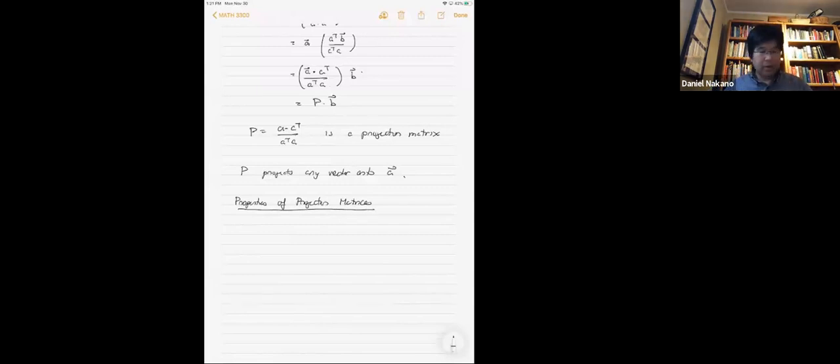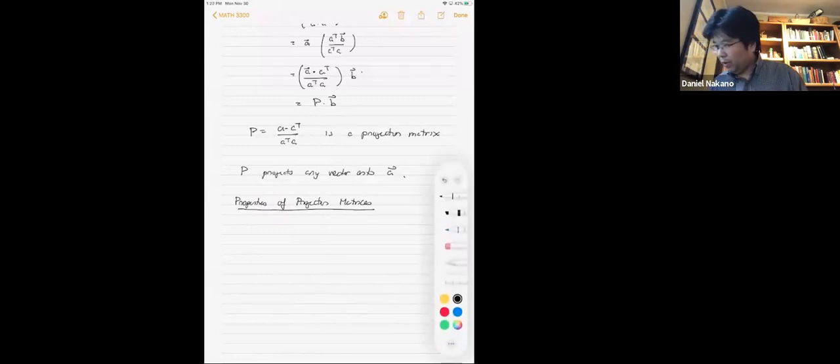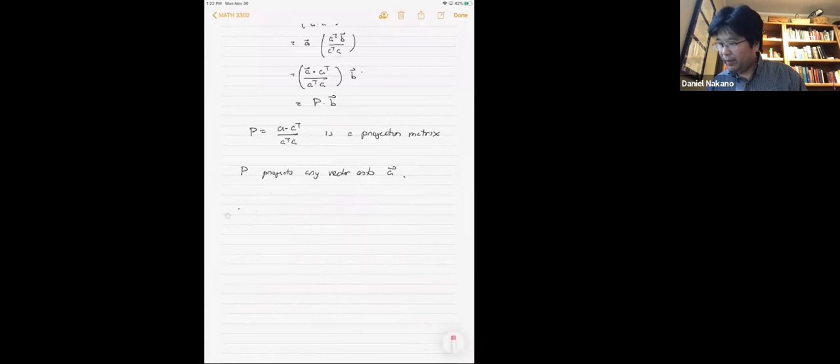Okay, so before we do that, I think we should probably do this example. I'd like to do the example first before we state the properties, just because we want to do a little bit of a reality check.